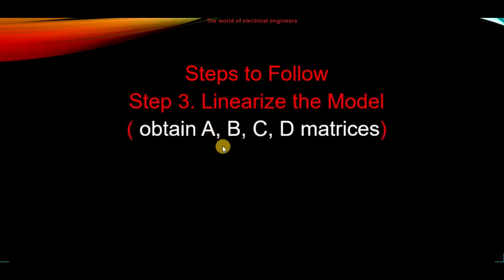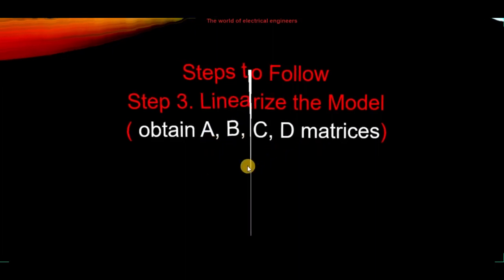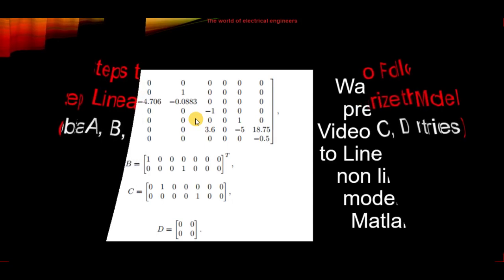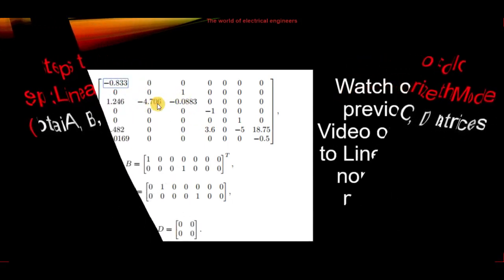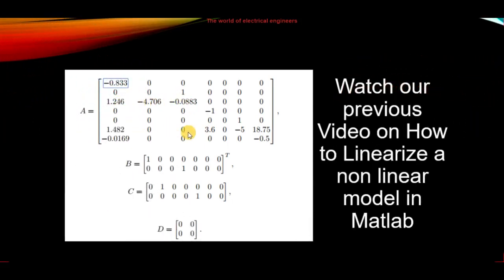We have to obtain ABCD matrices, state space model from this nonlinear model. So here is the linear model of twin rotor aerodynamic system. This is the A matrix, B, C and D. So you can check here it has two outputs and two inputs from B and C matrices.